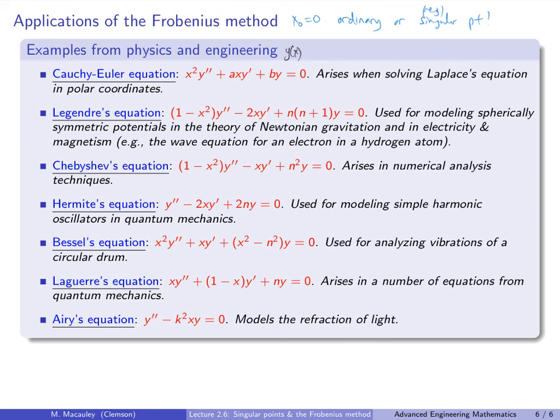Okay, so the Cauchy-Euler equation. Let's start out with this. If we divide through by x squared, we get y double prime plus a over x y prime plus b over x squared y equals 0. And so this is actually a singular point. 0 is singular because if you plug in 0, these functions are not defined.